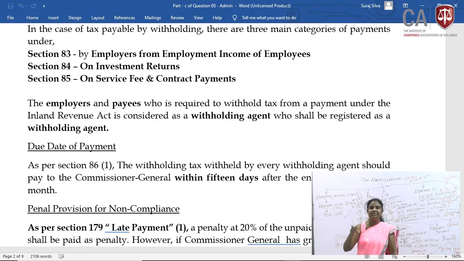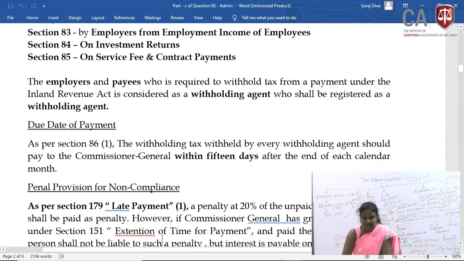The withholding agent is the person who shall remit the withholding tax to IRD, and the withholdee receives the net amount after deducting the relevant withholding tax. The withholding agent shall be registered as such, and is the person who shall remit the tax to the IRD.